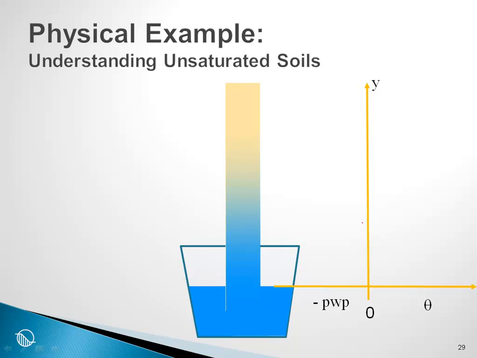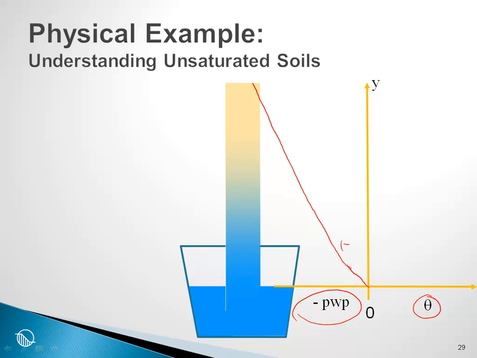So let's look at this situation a little bit more carefully. Let's plot on this side of the curve the volumetric water content, and on this side the pore water pressure. I think you can all agree that the pore water pressure above the water table, so to speak, is negative, and in all likelihood you would tell me that the pore water pressure is negative up to the ground surface, at least over a large distance, hydrostatically negative.